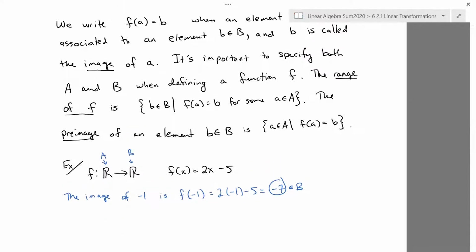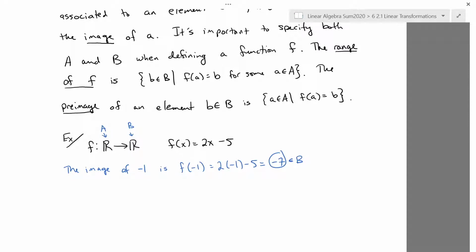So next, let's look at the range for this function. The range should be a set, and it's a subset of the codomain. So we want to find out all the elements in the codomain that have something mapped to it from the domain.